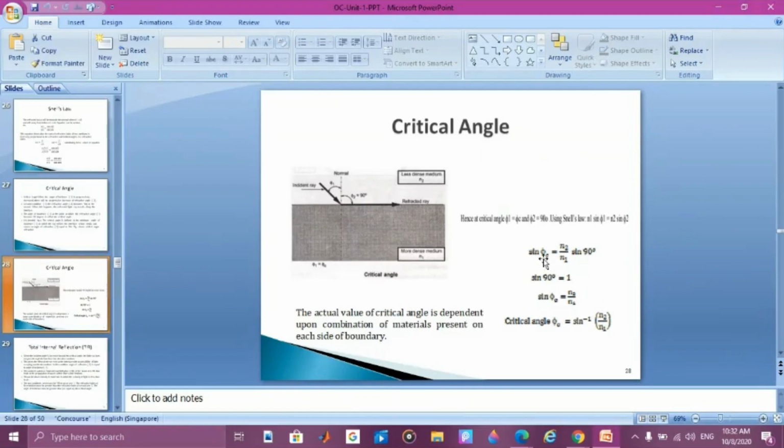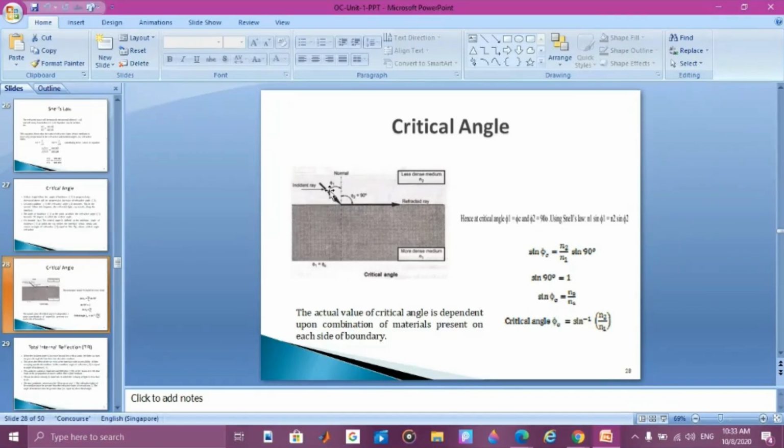So critical angle வந்து pi c அப்படின்னு சொல்லுவோம். Okay va, so pi c is here, it is pi 1, then pi 2, it is 90 degree. So sin pi c equal to n2 divided by n1. Okay, so the angle of incident pi 1 is equal to pi c, and the angle of refraction pi 2 is equal to 90 degree.